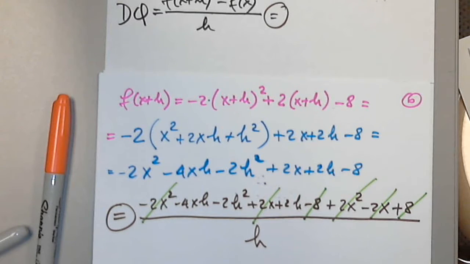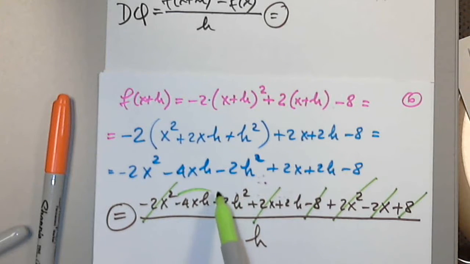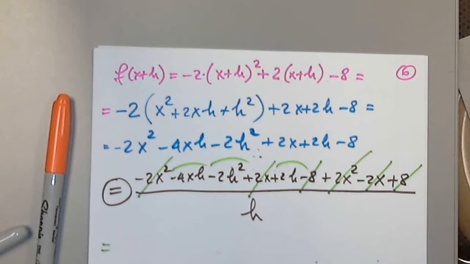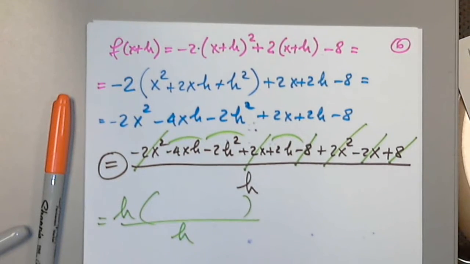Now I count the terms at the top because I can't miss any of those: 1, 2, 3. They must have something in common. H, yes. So I pull out an h. Remember, you cannot simplify a piece of a term with a factor.